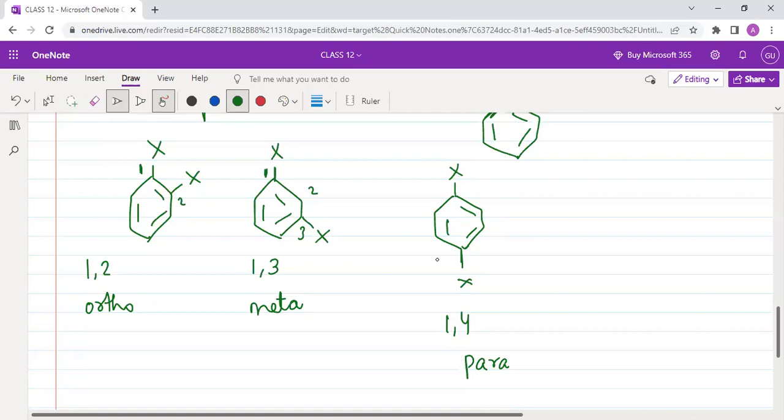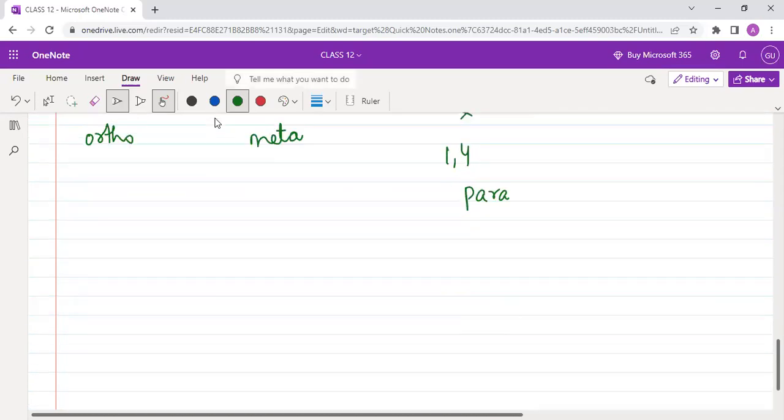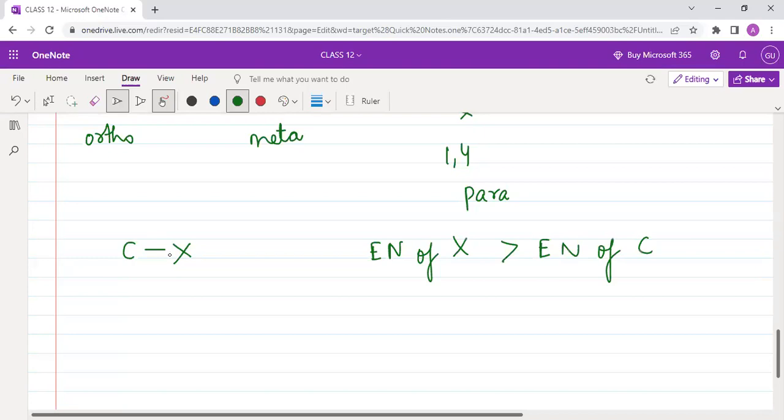Now next we'll discuss the nature of the C-X bond. In haloalkanes or haloarenes, the halogen atom is bonded to carbon. The electronegativity of halogen is greater than that of carbon, so the halogen atom will attract the electrons towards itself.